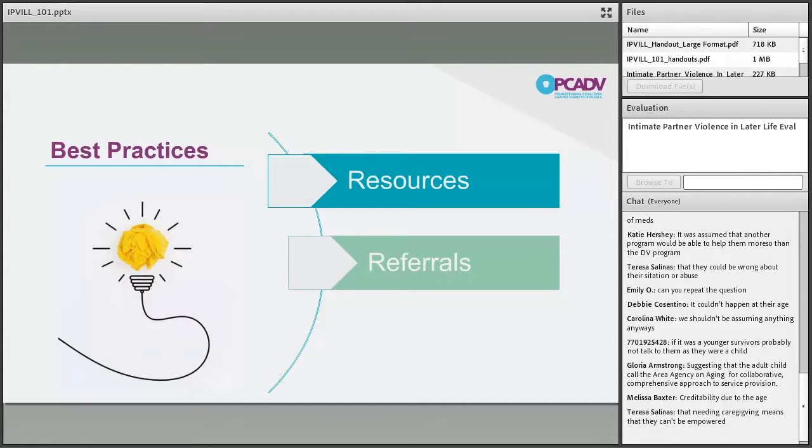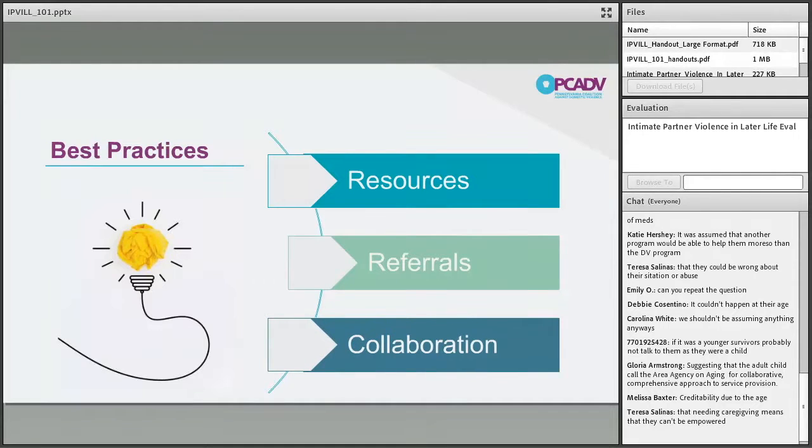PCADV's IPVILL agenda is actively looking at prevention for the population of 45 to 59, and then focusing on IPVILL, which is 60 and older. So this is a great way to merge those two, as well as develop a working relationship with your local area agency on aging. They are represented in every county throughout the state.